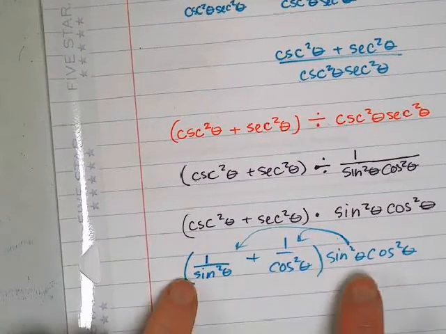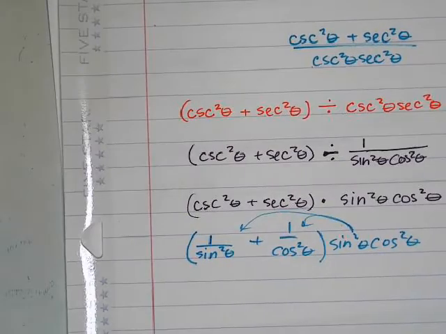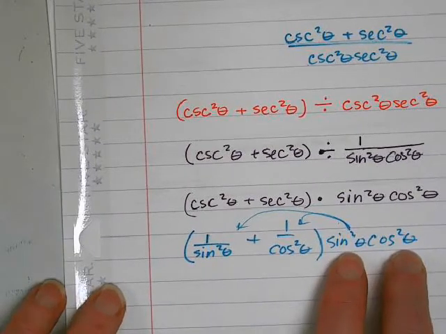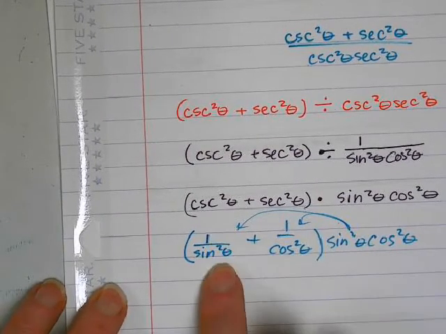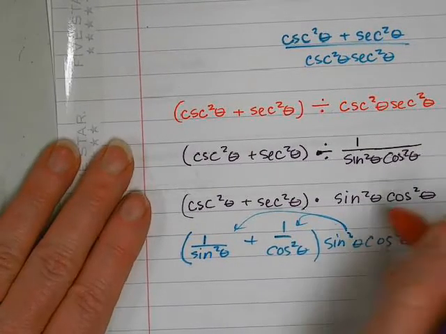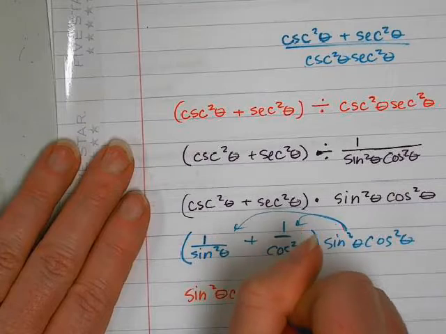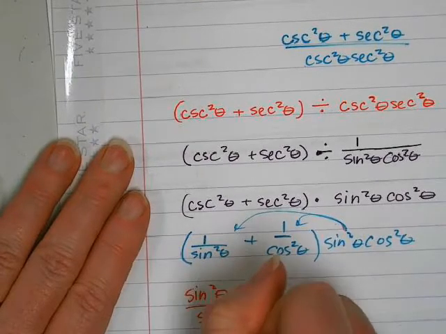What happens when I do sine squared theta cosine squared theta times 1 over sine squared theta? The sines turn into 1, so it ends up being cosine squared theta, since the sine squared theta cancels out.